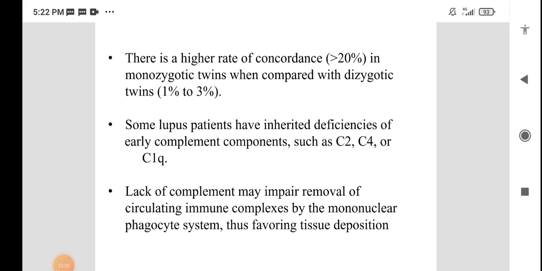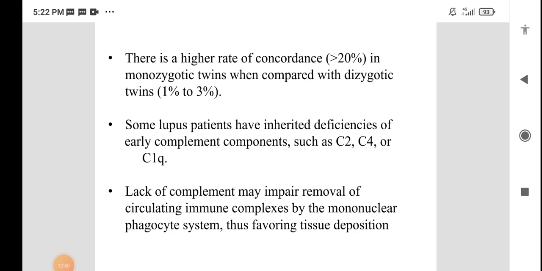There is a higher rate of concordance in monozygotic twins when compared with dizygotic twins. Some lupus patients have inherited deficiencies of early complement components such as C2, C4 or C1q. That is, Q is nothing but the long arm.